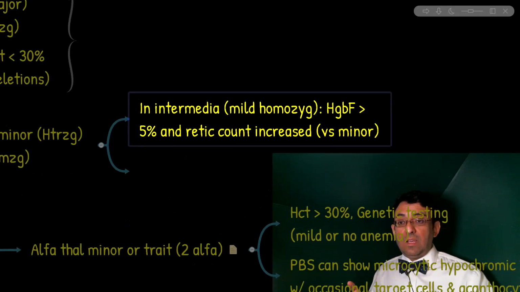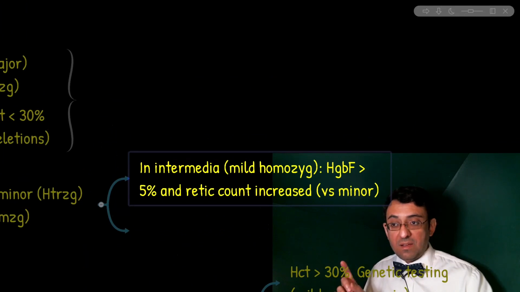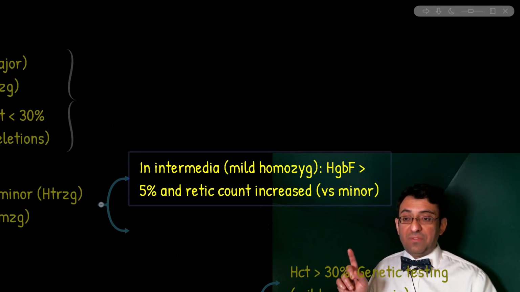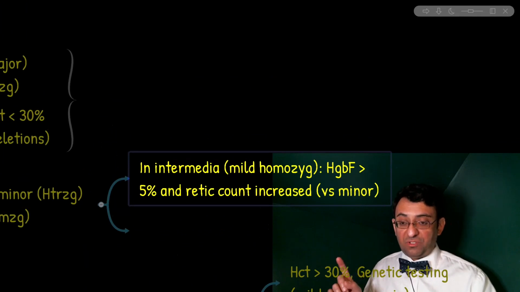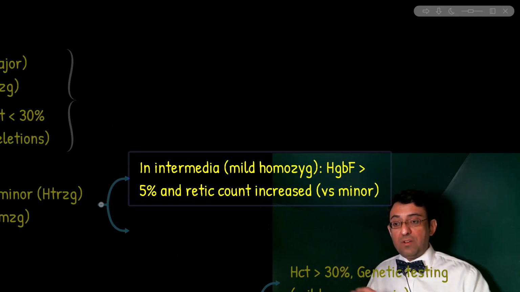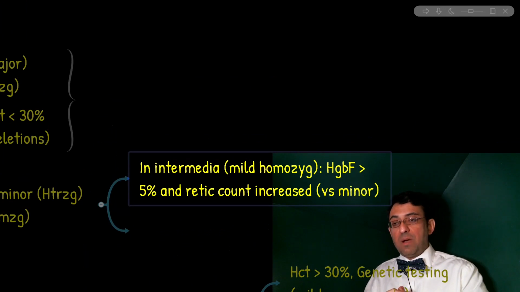Remember this, in beta thalassemia intermedia, not only hemoglobin A2 is increased, but hemoglobin F is more than 5%, while in beta thalassemia minor, hemoglobin F is less than 5%. It's still increased, because under normal circumstances, hemoglobin F should be less than 1% of entire hemoglobin.